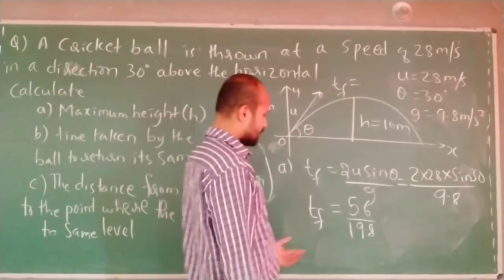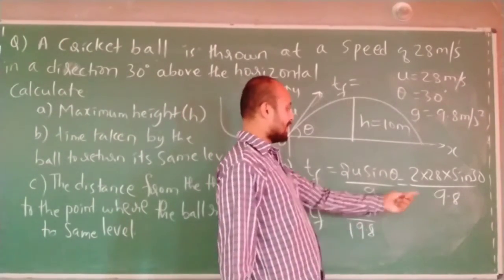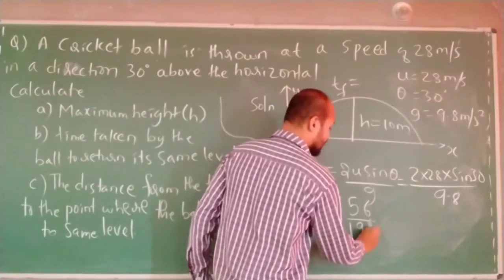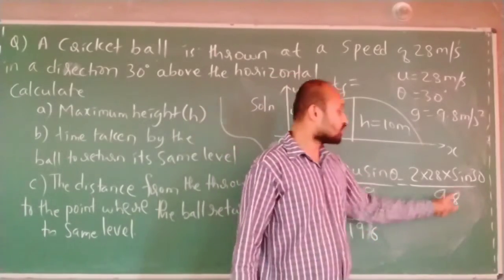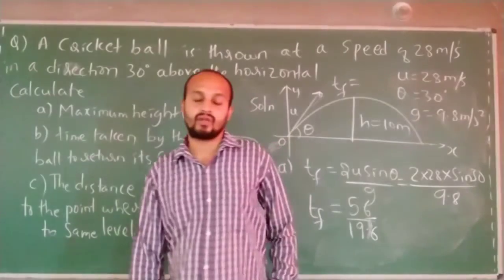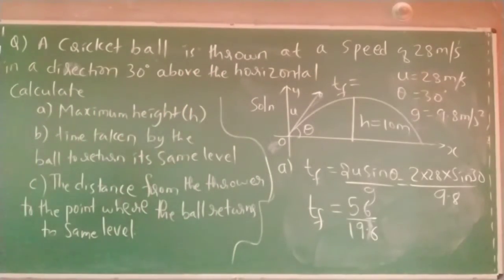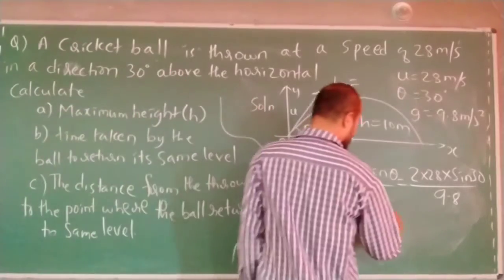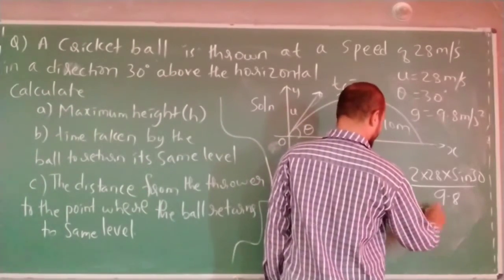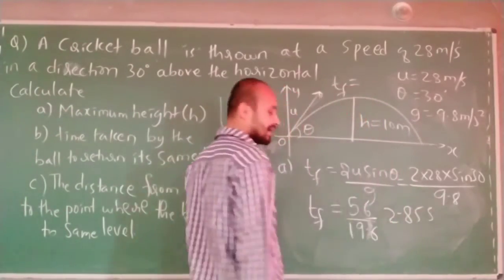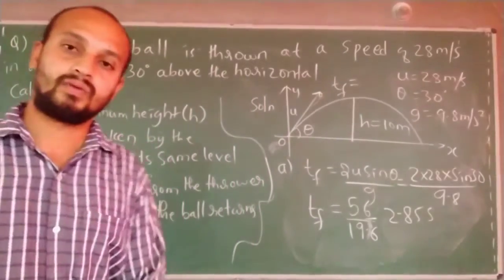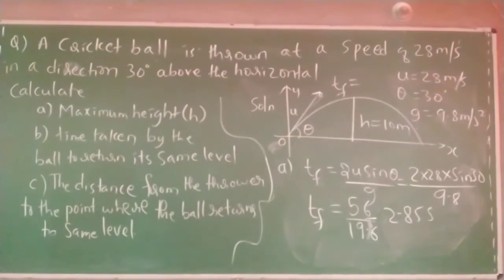So what is that? 56 divided by 19.6, because 2 into 9.8 is 19.6. How much are you getting? You can check this: 2.85 seconds. This is the time of flight.